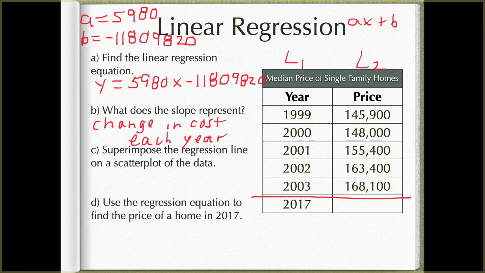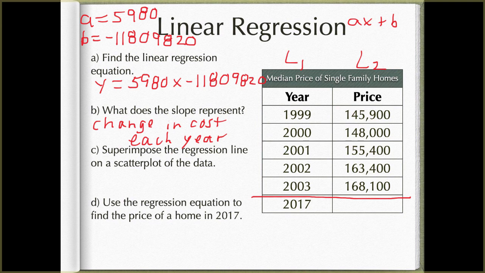Next, you go to zoom down to zoom stat, which is option 9. Hit enter. And what will happen is it will put your scatter plot onto a graph. The next thing you're going to do is go to Y equals. And you're going to input the equation 5,980x minus 1,180,980. And then you're going to hit graph. And what's going to happen is it's going to superimpose a line over your scatter plot.